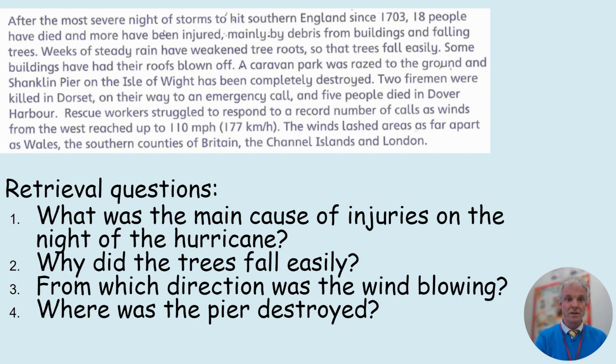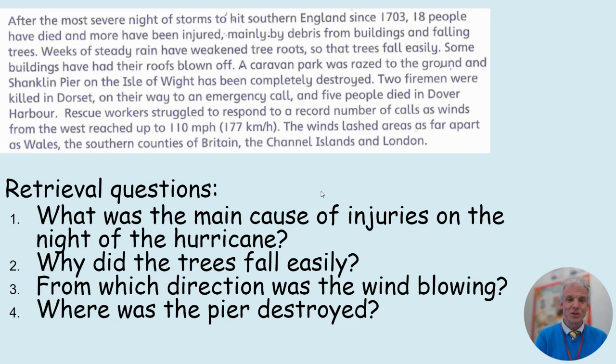After the most severe night of storms to hit southern England since 1703, 18 people have died and more have been injured, mainly by debris from buildings and falling trees. So a good written answer for that would be: the main cause of injuries was debris from buildings and falling trees. That wasn't so hard, was it?